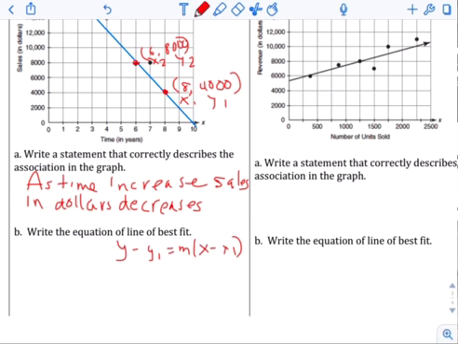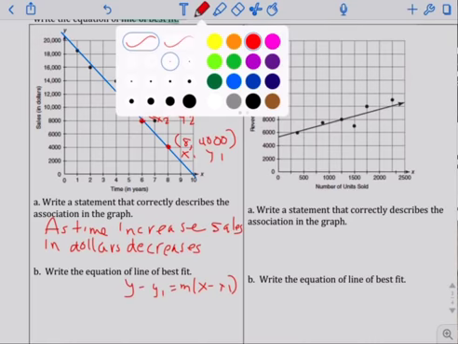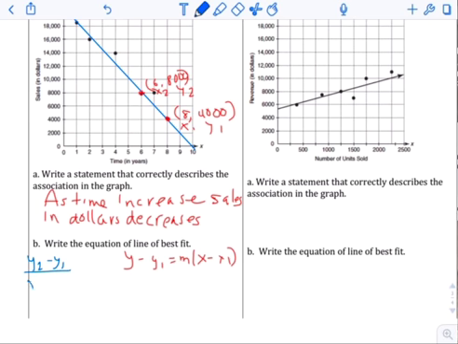Okay, so let's first find the slope. The slope is y2 minus y1 over x2 minus x1.